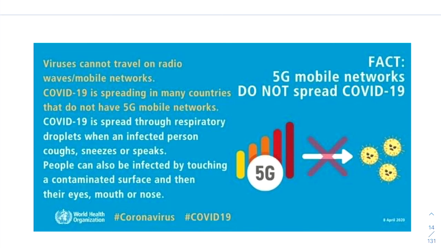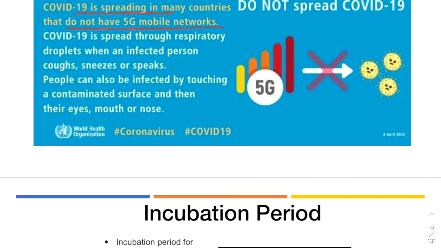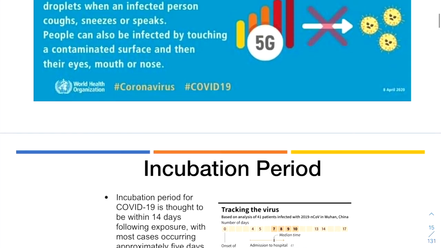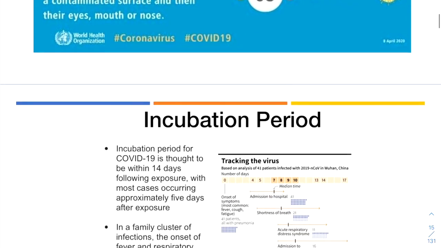But obviously it is not the mode of transmission, and WHO has disproved the theory and said that viruses cannot travel on radio waves or mobile networks, and it is spreading in countries that do not have 5G mobile networks. So this theory is totally false, that 5G can have any connection with the spread of COVID-19.